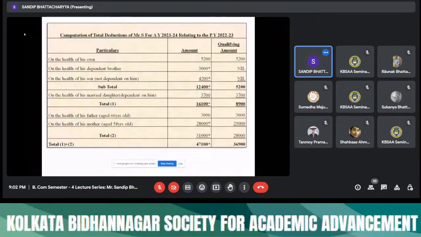You can see on the health of his own, নিজের জন্য দিয়েছি স্যার 5,200। স্যার ডিপেন্ডেন্ট ব্রাদারের জন্য স্যার দিয়েছি মেডিকেল ইন্স্যুরেন্স, নো ইনকাম ট্যাক্স বেনিফিট, so dependent brother not eligible. On the health of his son, not dependent on him.